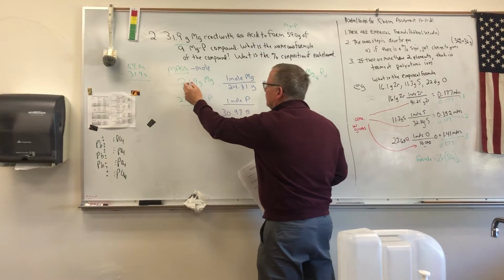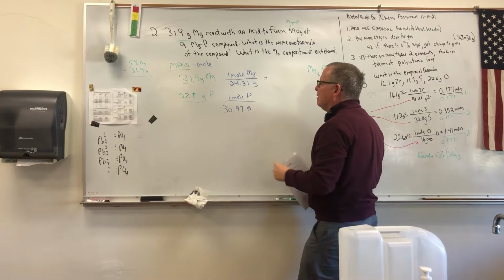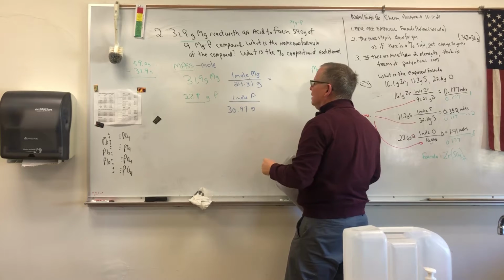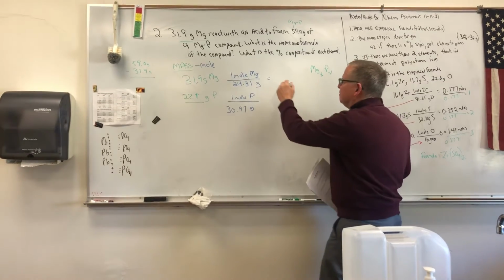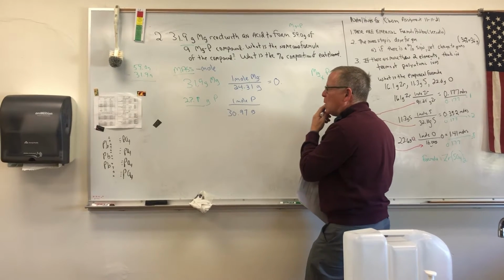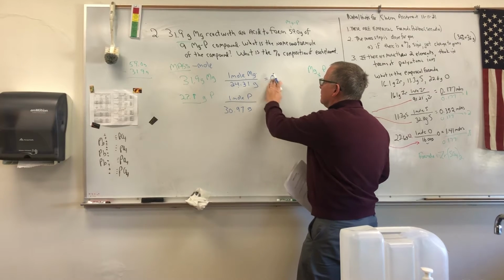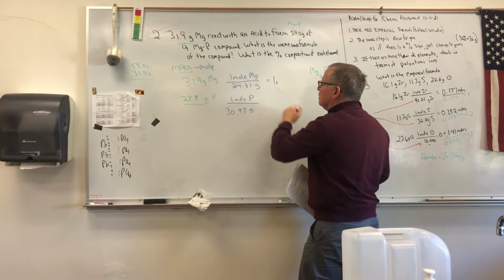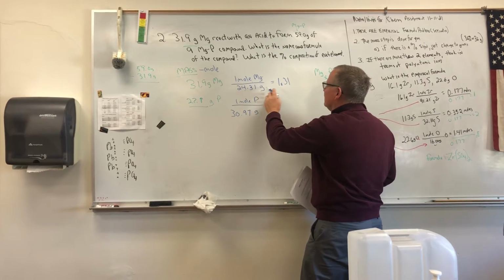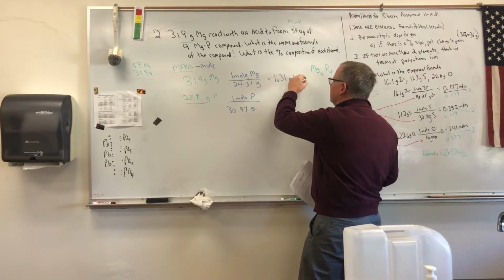So mathematically, what we're going to do is take 31.9 times 1, which of course is nothing, but then divide by 24.31, which is the AMU. And when we do that, we get 1.3122. So with 3 significant digits, 3.12 moles of magnesium.